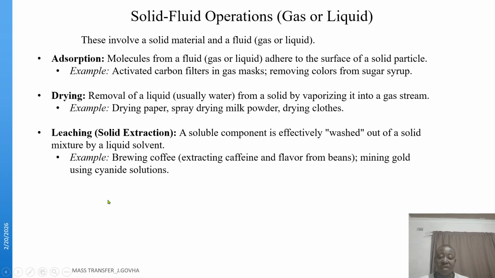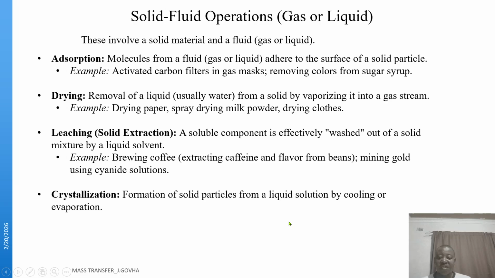And a good example there is coffee brewing, where we are extracting caffeine and flavor from beans. Then we look at applications of using cyanide solutions to extract gold. Then crystallization, where we are looking at manufacturing our salt, sugar, or production of our silicon wafers.